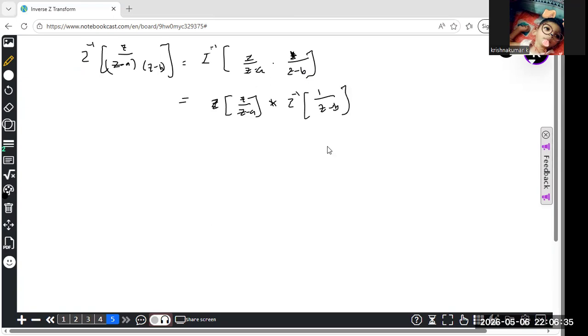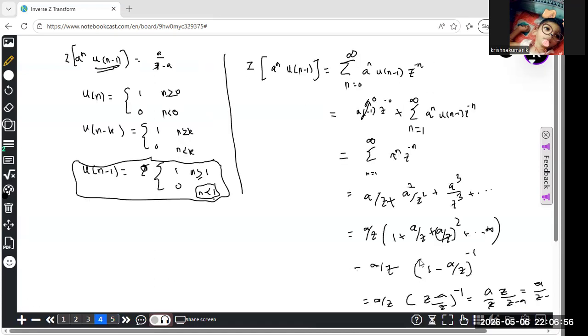Here we can adjust this second function by a constant value. So here I am going to multiply and divide by b, because already you know the formula for this one only.